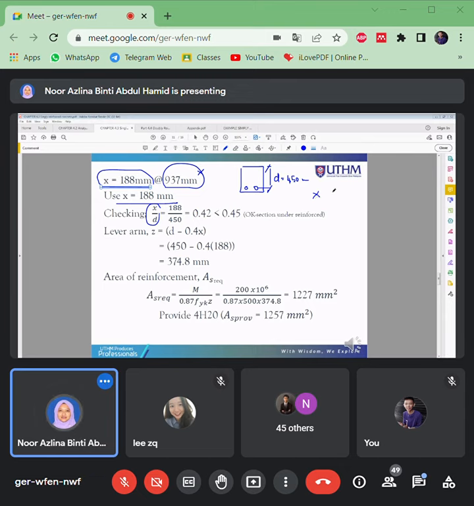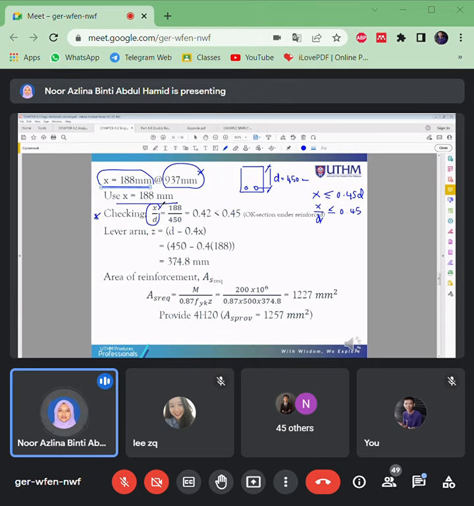Which is X less than or equal to 0.45 D. So that means X divided by D should be 0.45. So that's why you need to do the checkings.